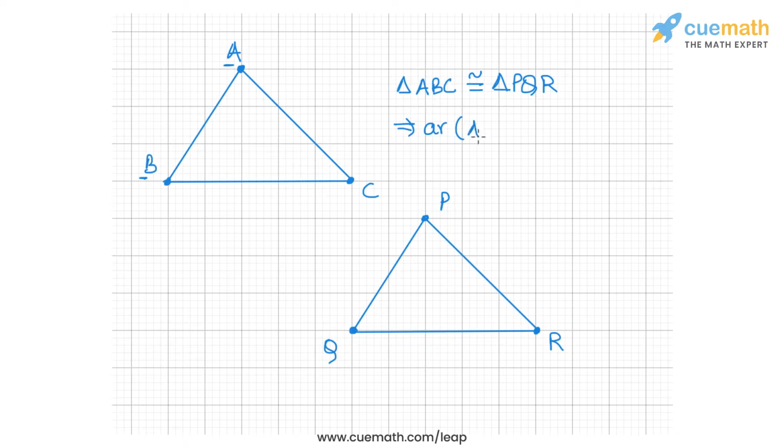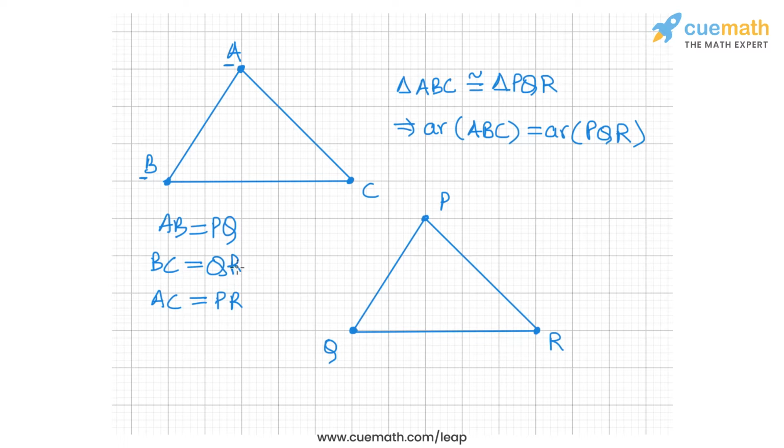So area of triangle ABC must be equal to the area of triangle PQR. The other thing is that because these two triangles have the exact same shape and size, their sides are correspondingly equal. So AB is equal to PQ, BC is equal to QR, and AC is equal to PR.